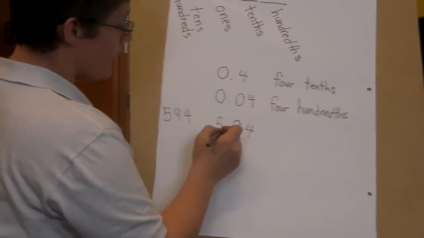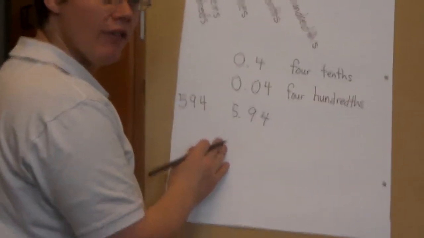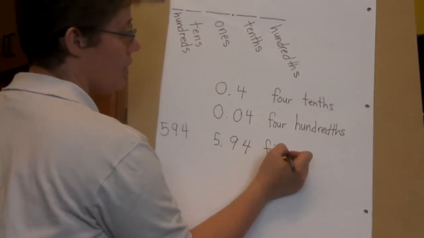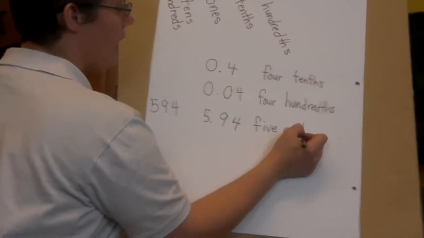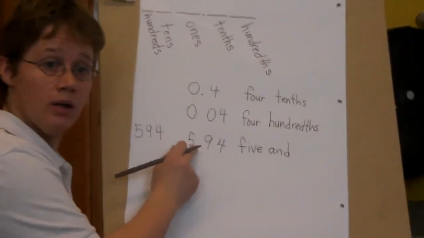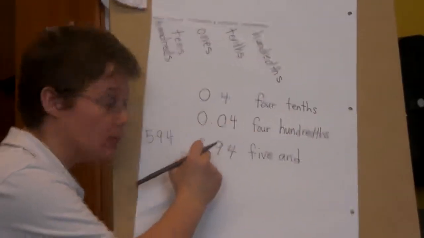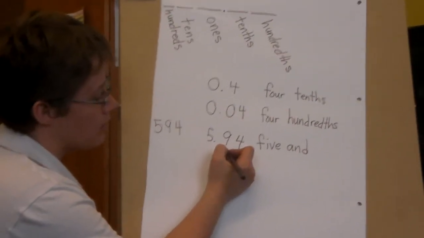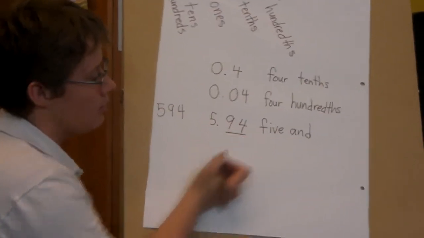But we've got our decimal point right after the 5. So when we write this, we're going to say 5. And whenever we see a decimal point, we're going to write out and. So 5 and then we have to look at this whole number here when we say it.